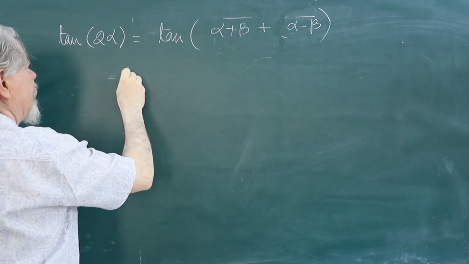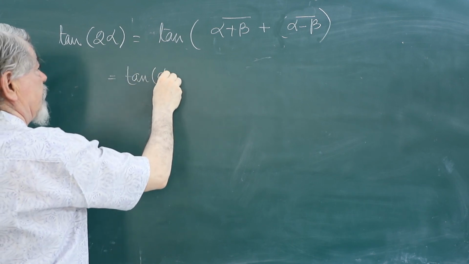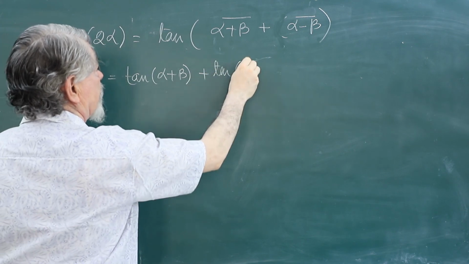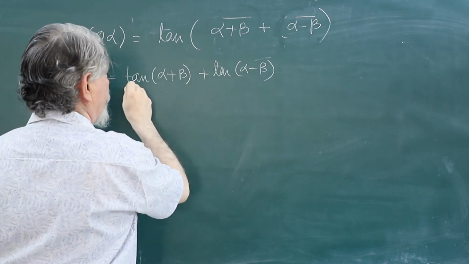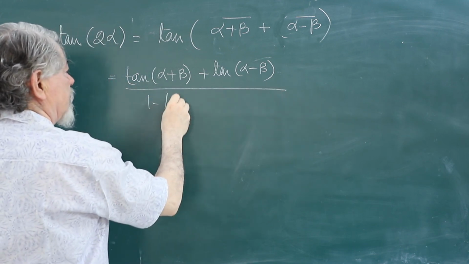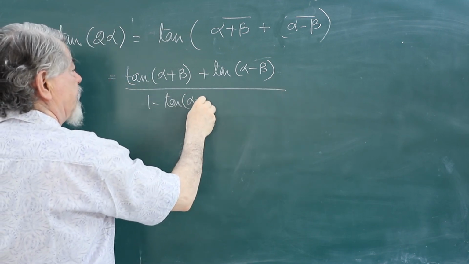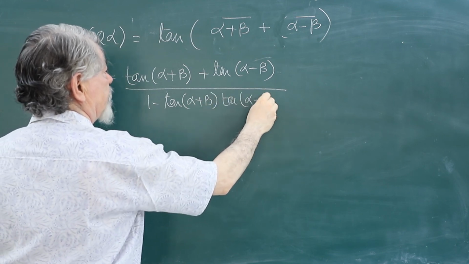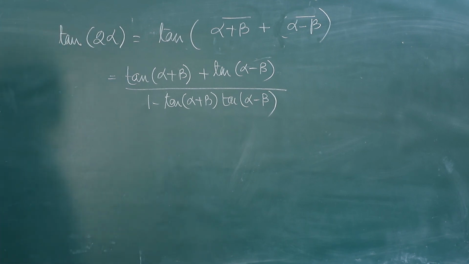So it will become tan alpha plus beta plus tan alpha minus beta upon 1 minus tan alpha plus beta and tan alpha minus beta. We have already calculated the value of tan alpha plus beta and tan alpha minus beta. Tan alpha plus beta every time will be positive, but tan alpha minus beta can be positive and negative both. So we will calculate both the cases.